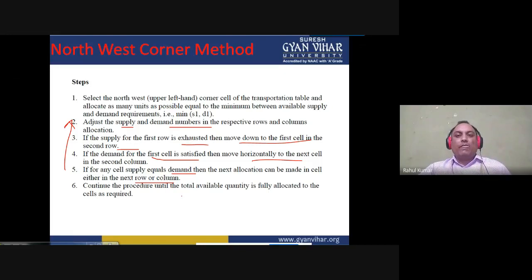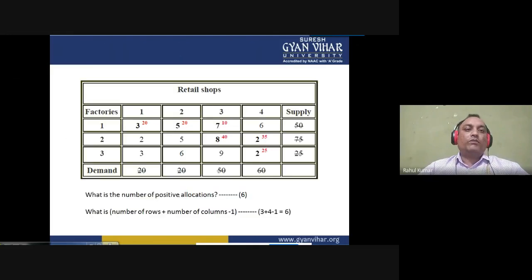So these are the steps you can follow for the solution by the northwest corner method. Then move to the solution, right? You can solve this problem with the different strategies we have adopted here.